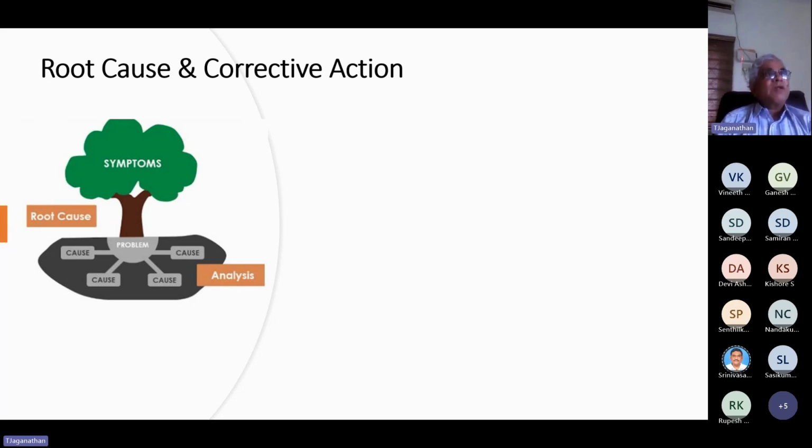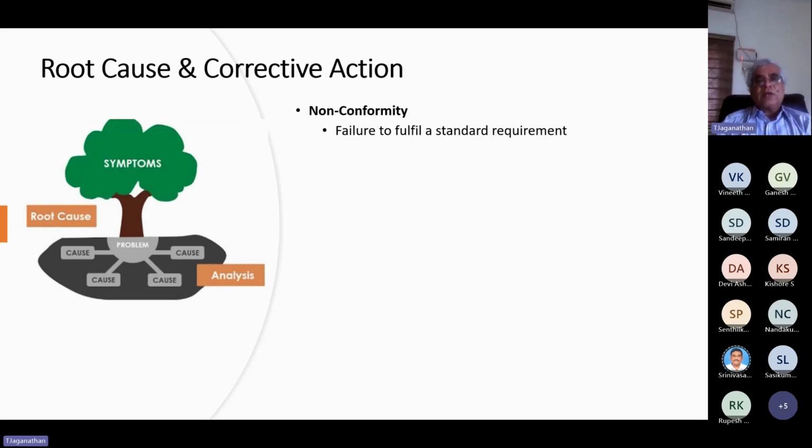Then only will you be able to fix that problem permanently. Then you can address the UPS, the power supply. I'm just saying this as an example. It is not necessarily the case all the time, but you have to dig deeper and find the root cause. Otherwise, the server will keep crashing, whatever you do.